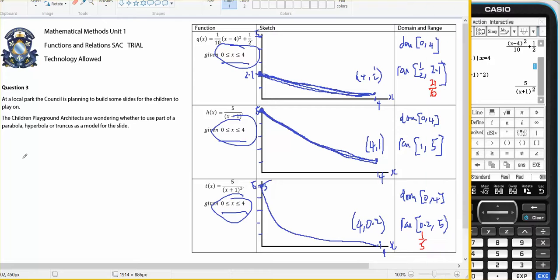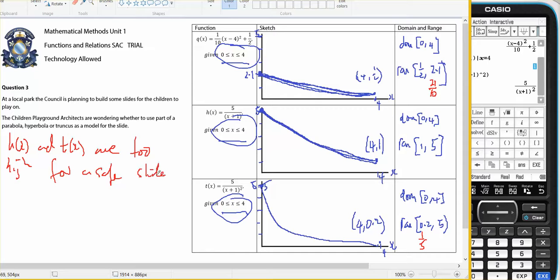And to the second part of the question, which one is best? H of x and T of x are too high for a safe slide. H of x ends too high.